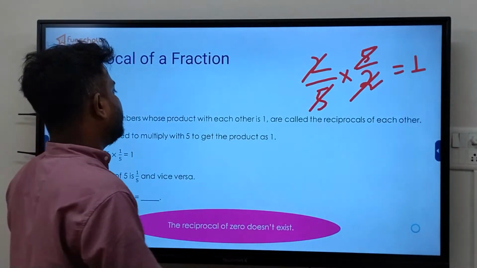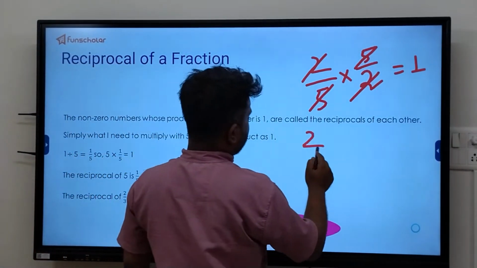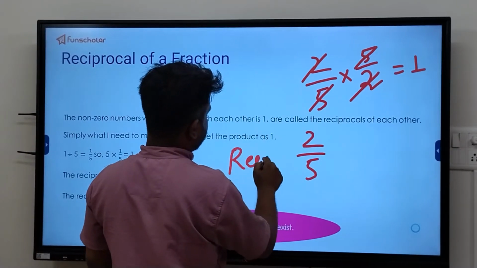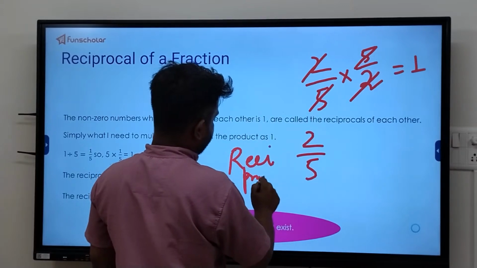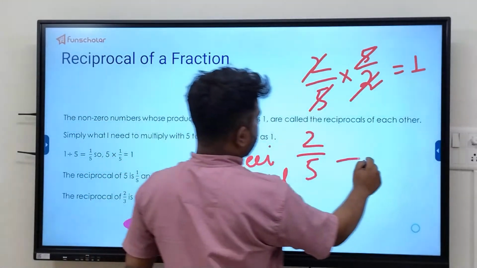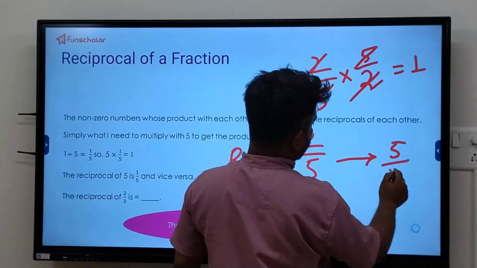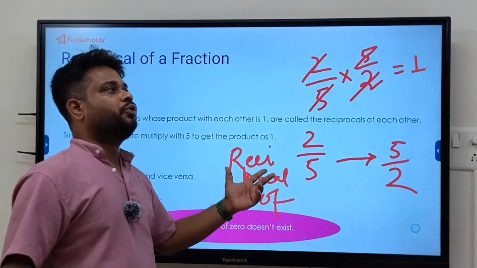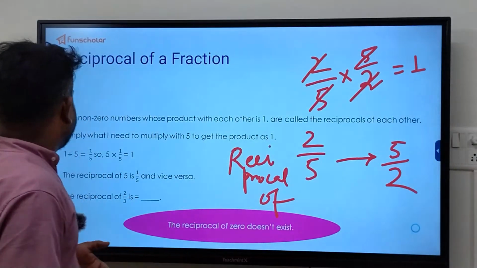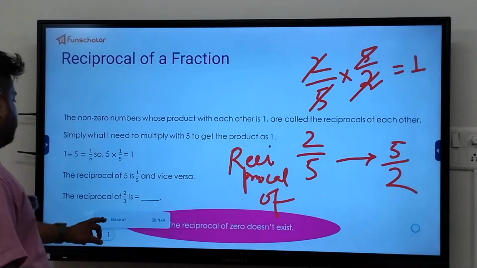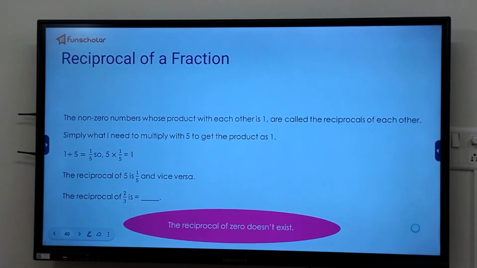So the reciprocal of 2/5 will be 5/2. If we flip the number, we can get the reciprocal of any fraction. Simply, what do I need to multiply with 5 to get the product as 1?